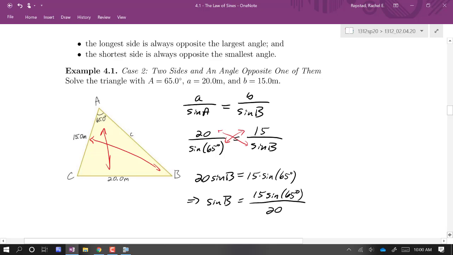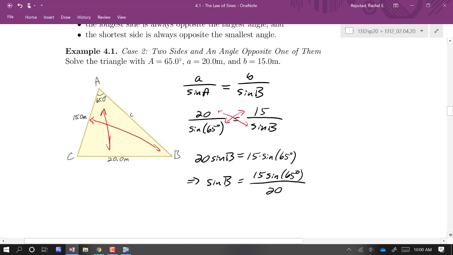Some people put that in the calculator and get an approximation first before they use the arc sine. I usually just leave it as is. You could do either, that's fine. If you compute it first and then do arc sine, take it out several decimal places. Don't round that value too coarsely.